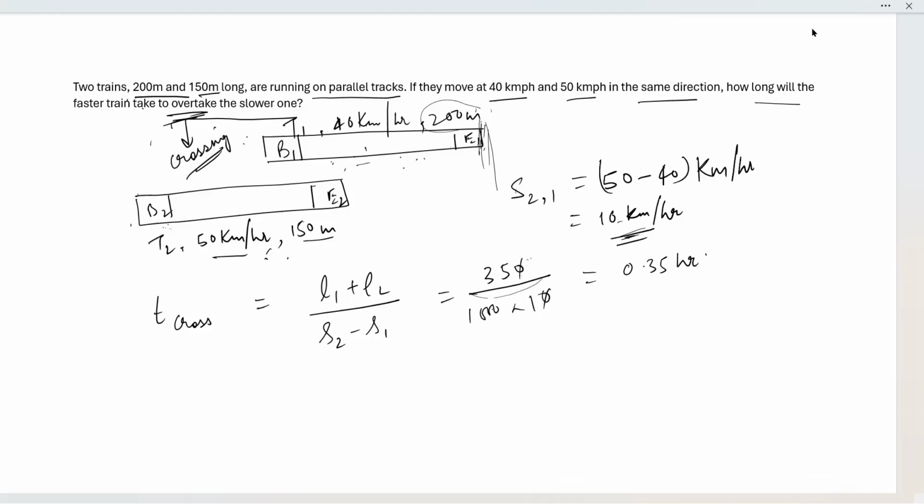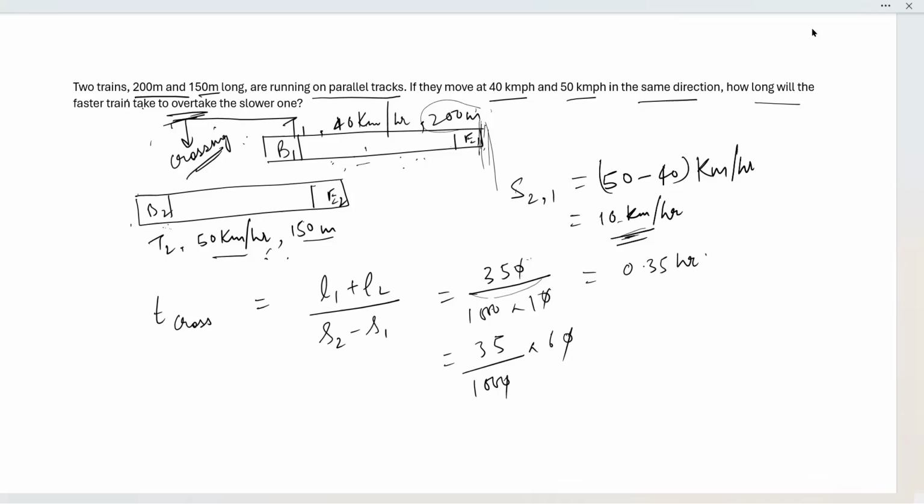So, or I can also make it better. 35 by 1000 into 3600. Or let's say, is it possible? Instead of seconds, let me just try and convert it into minutes, if that's possible. Of course, that's possible. But let's see what kind of number it forms.